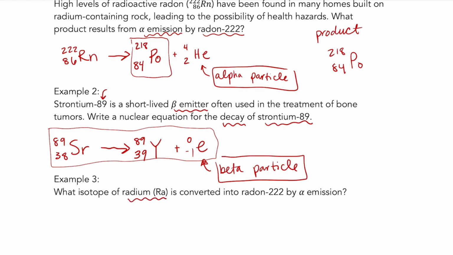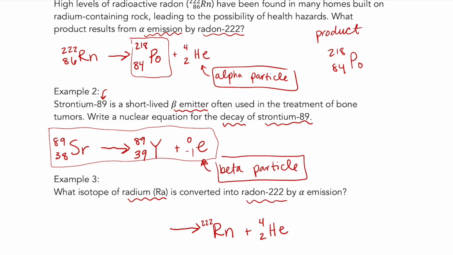But the question is saying radium can be converted into radon-222. So that means the radon-222 is the product, and it was formed by alpha emission. So the helium particle was produced as well.